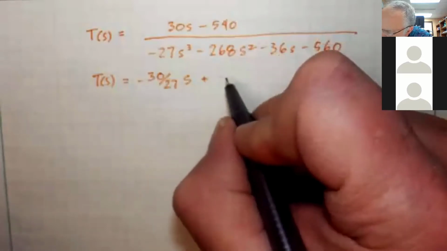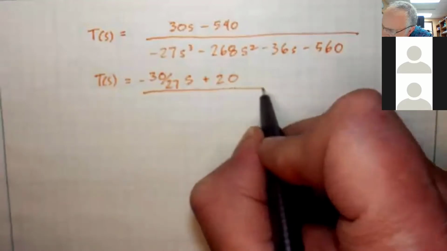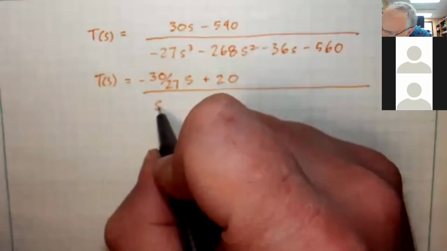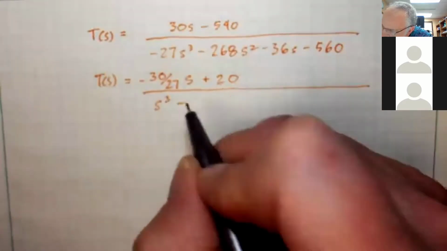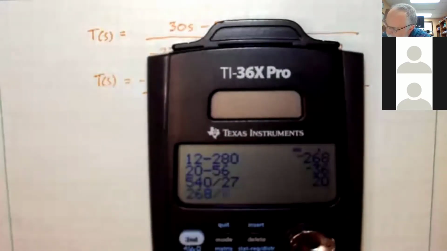Oh, that would make it plus 20, divided by S cubed minus 268 divided by 27.